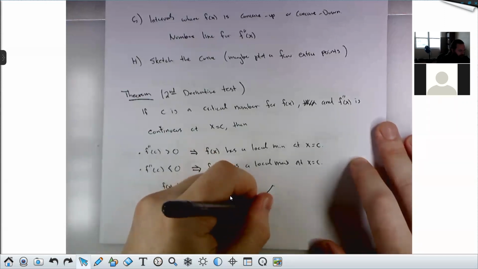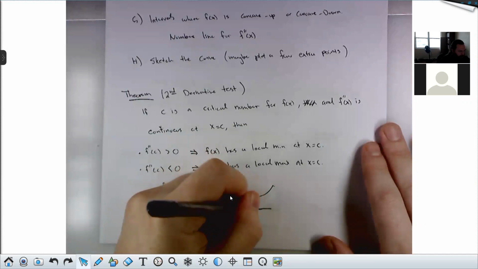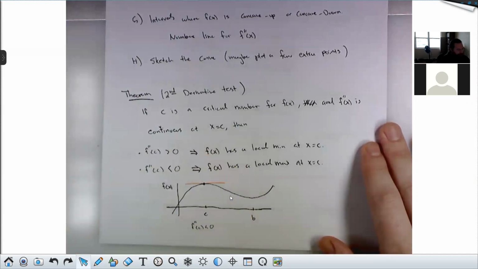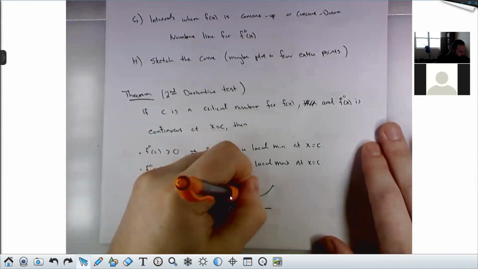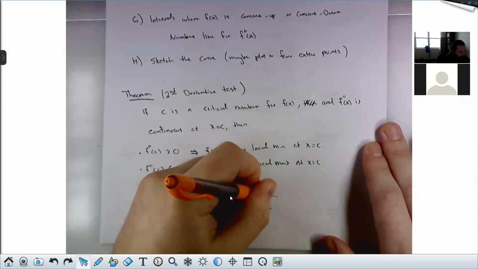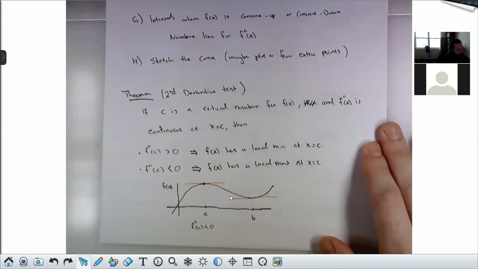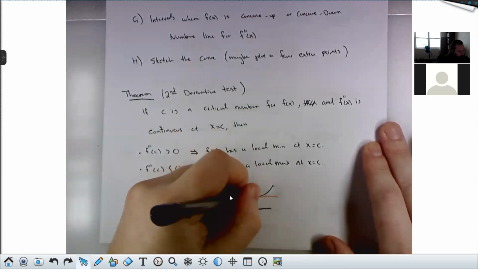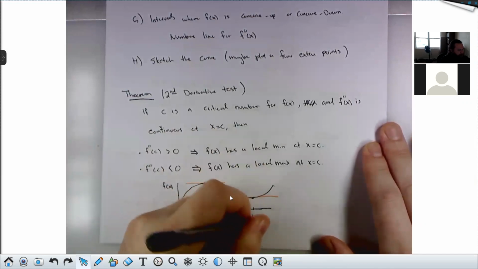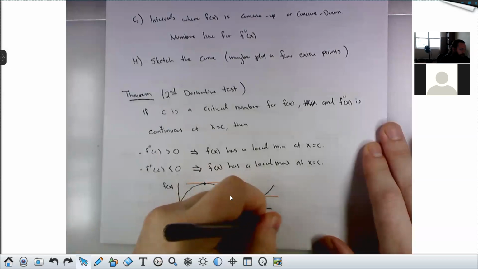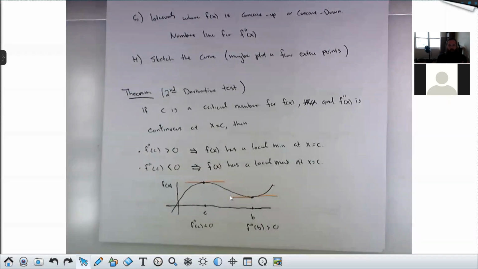Similarly over here, I'll call this B. A horizontal tangent line here also. But here f is concave up, which means f double prime of B is positive. So if you're concave up and you have a horizontal tangent line, then that has to be a local min.